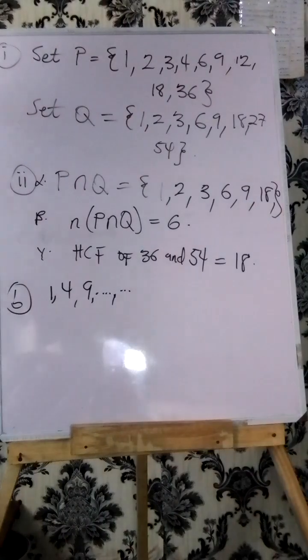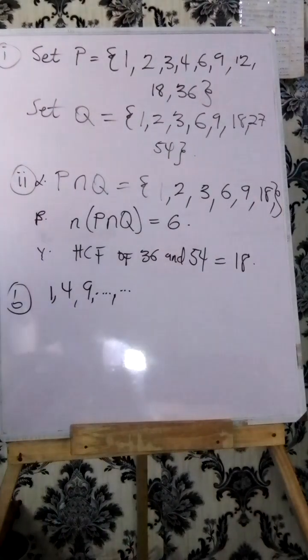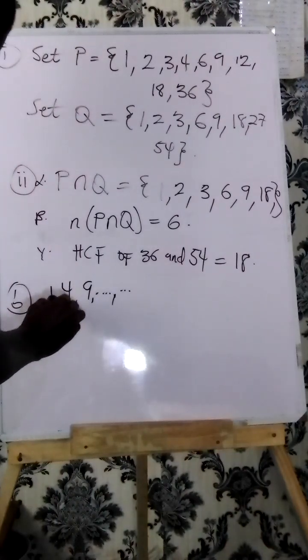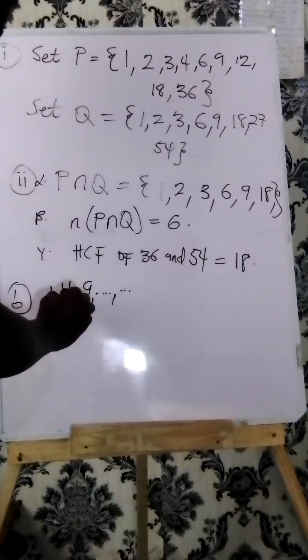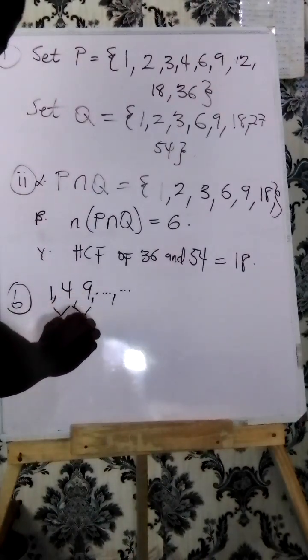We can find the next two terms using two different methods. The first method I'm going to show you is the method of odd numbers. So when we take 1 and 4, we should find the difference between each member. The difference between these two members is 3, and the difference between these two members is 5.